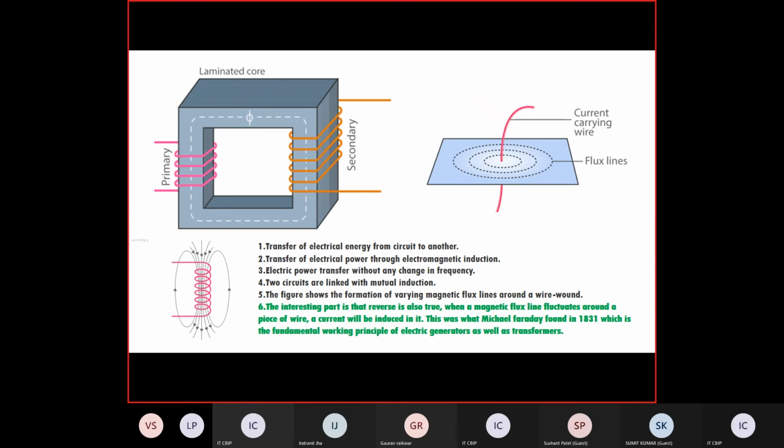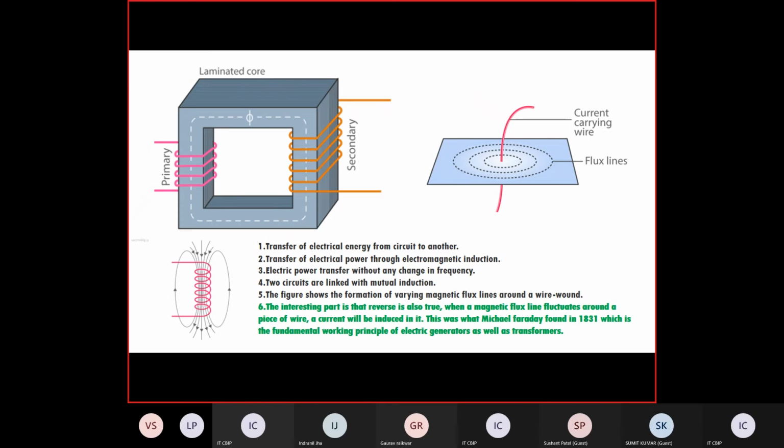Sorry, not Fleming's left and right hand rule, that is used for a motor and generator. Here you hold the conductor in the current direction, and the curling fingers will tell you the direction of the flux. Similarly, in this corner you can see this flux setting up is shown.